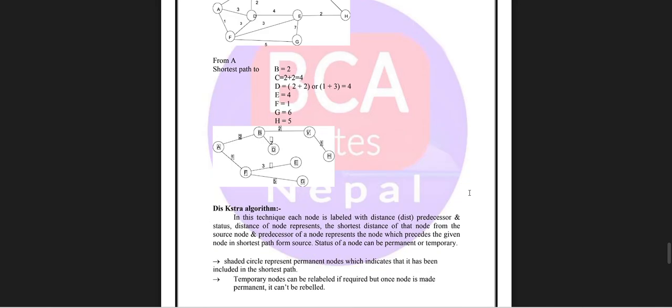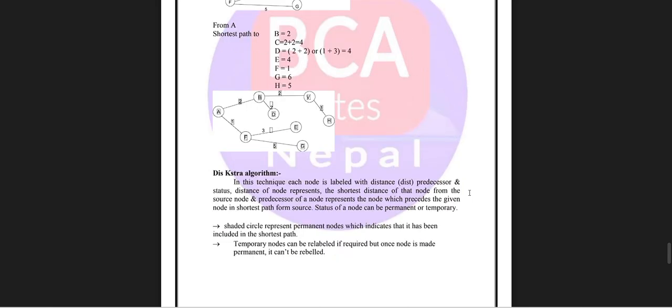In Dijkstra's algorithm, each node is labeled with a distance and a predecessor. The distance of the node represents the shortest distance of the node from the source node, and the predecessor represents the node preceding it in the shortest path from the source. A permanent or temporary shaded circle represents a permanent node, which indicates that it has been included in the shortest path.